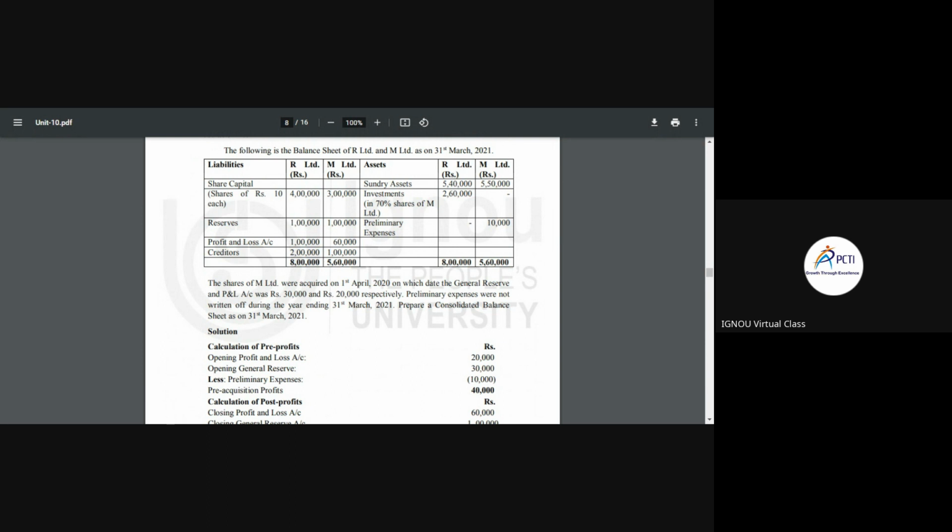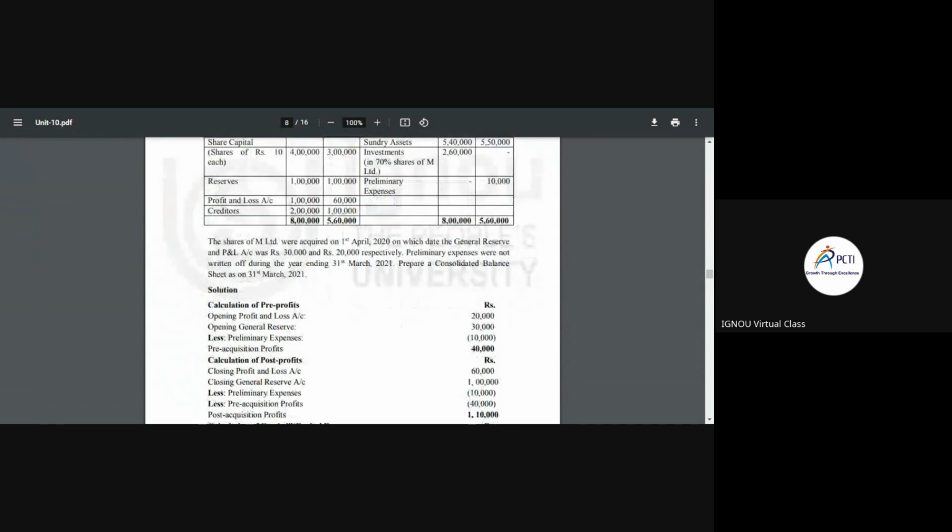Then we have the preliminary expenses, which were not written off during the year ending 31st March 2021. Then we need to prepare the consolidated balance sheet.